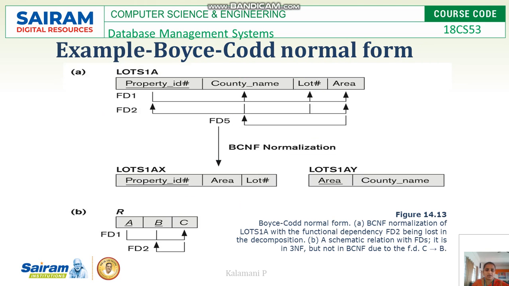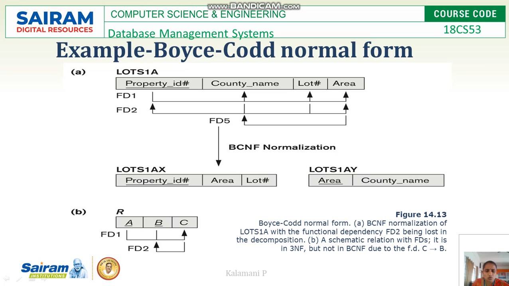For the Boyce-Codd normal form, we will take this lots 1A relation with its functional dependencies. In FD1, if we know the country name and lot number, the property ID and area are defined. In FD2, if we know the area, the country name is defined. In FD5, if we know the country name and lot number, the property ID is defined.